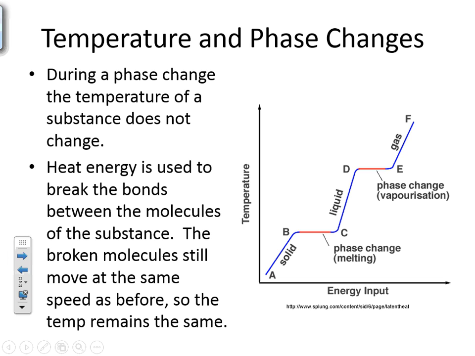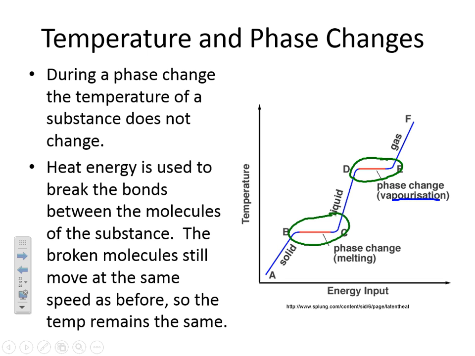Now, if we look at a chart with a misspelling on it, vaporization obviously is not spelled that way, so just ignore the spelling there. You can see that when we go from a solid to a liquid to a gas, when the phase change happens, the temperature stays the same.